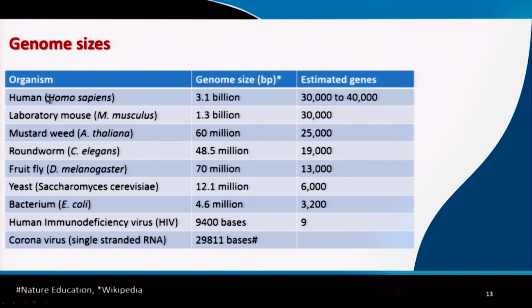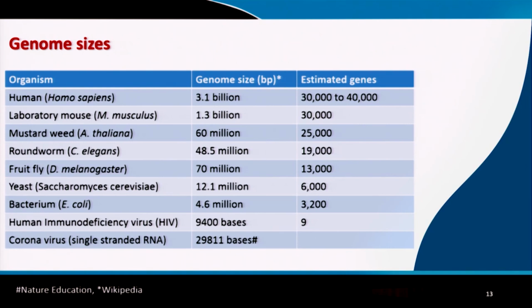Human beings have a genome size of 3.1 billion base pairs, and an estimated number of genes of 30,000 to 40,000. A lab mouse would have 1.3 billion base pairs and around 30,000 genes. Mustard weed has about 60 million base pairs and 25,000 genes. Roundworms have about 48.5 million base pairs and 19,000 genes.